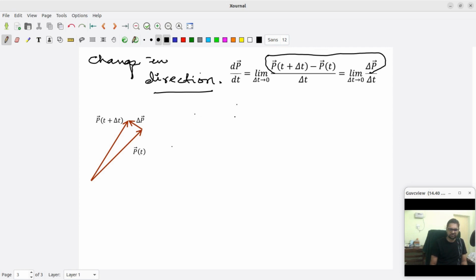As limit delta t tends to 0, your delta P becomes perpendicular to P. So in this case your dP by dt will be perpendicular to the vector P.